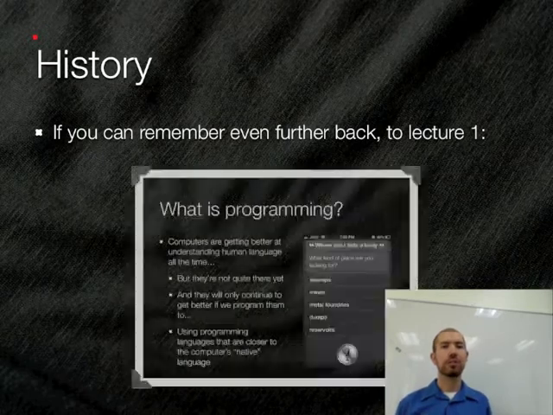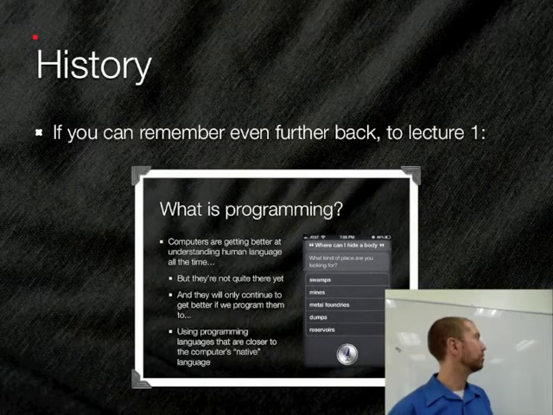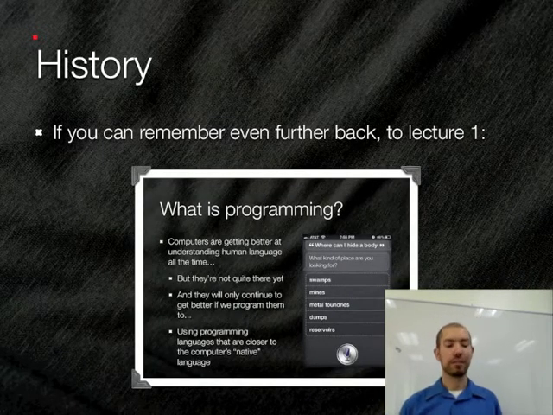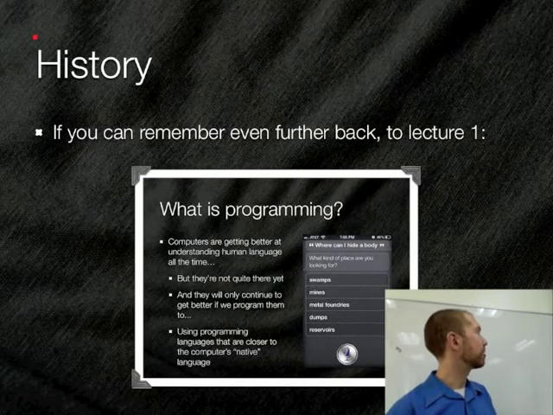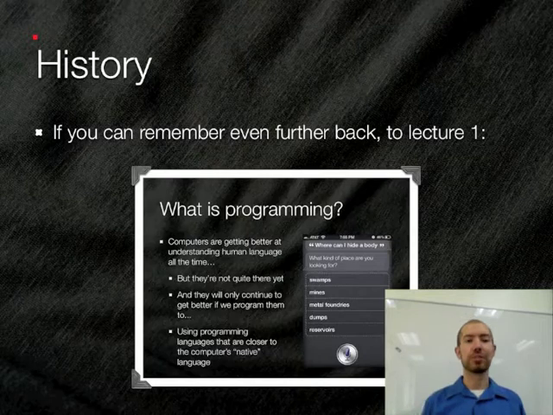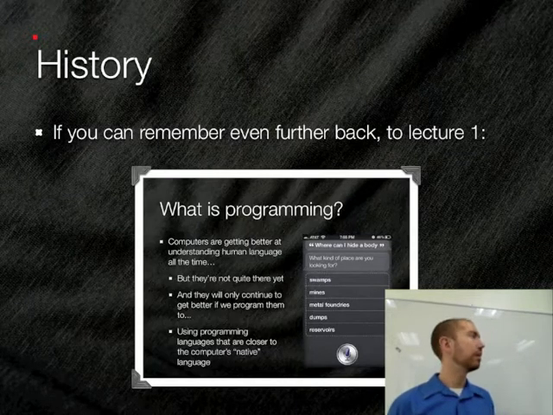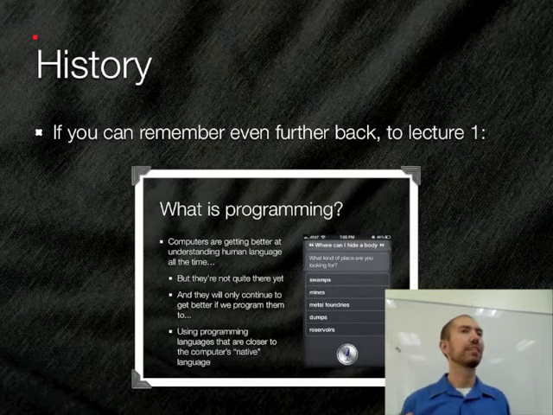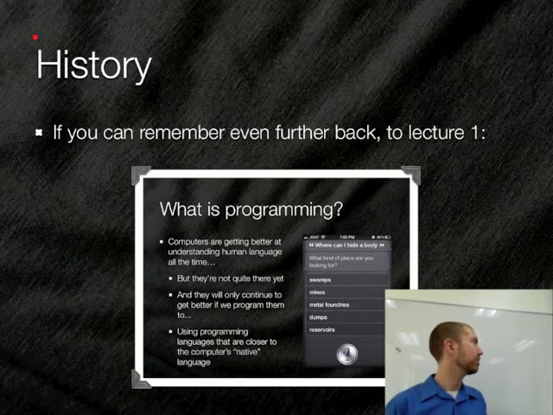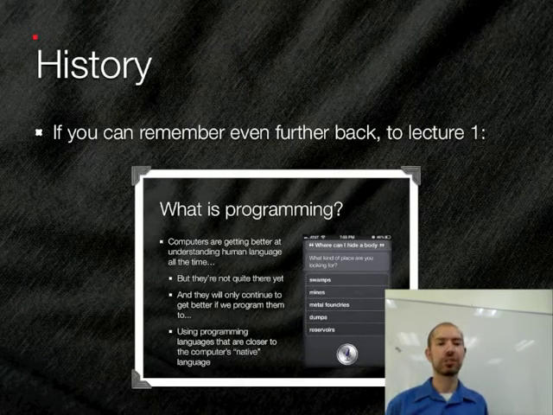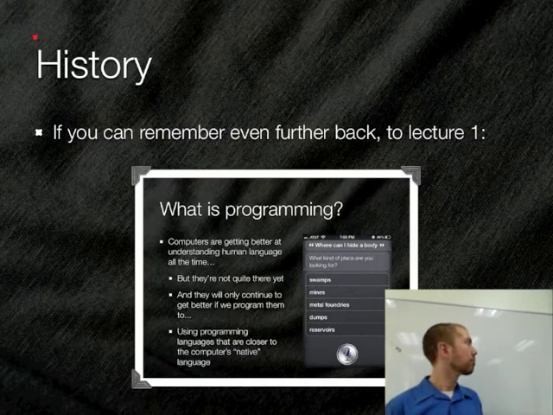Okay, so if you can remember even further back to lecture 1, a long time ago, 3 weeks ago, we said this thing about how computers are getting better at understanding human languages all the time, and we're gradually getting to the point where computers can just do what humans tell them to directly in English or whatever your preferred language is, but obviously they're not there yet.